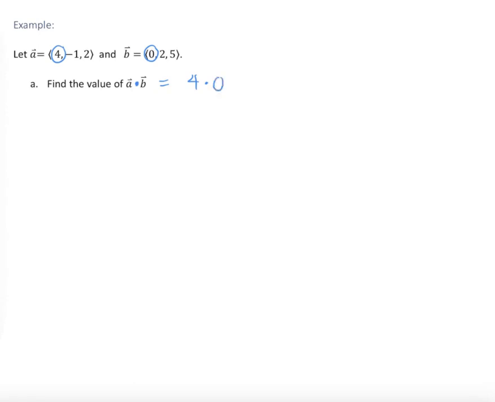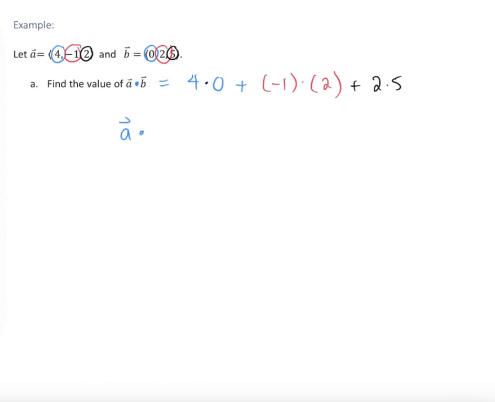Now this is a scalar product right here because these two are numbers, so that's the traditional soft dot that you see when I'm multiplying just two real numbers together. And then we'll add that to the y components multiplied together, so we'll say -1 times 2, and then we're going to add that to the z components multiplied together, so that's going to be 2 times 5, and then we figure out what this quantity is.